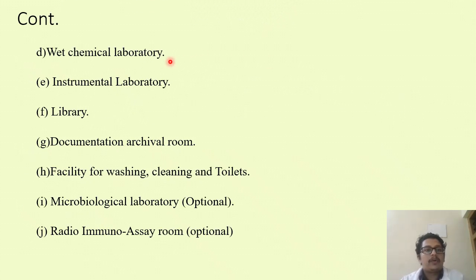A wet laboratory, an instrument laboratory, a library, a documentation and archival room, facilities for washing, cleaning and toilets, and a microbiology laboratory should be there, and optional facilities according to the study we are conducting in the CPU.